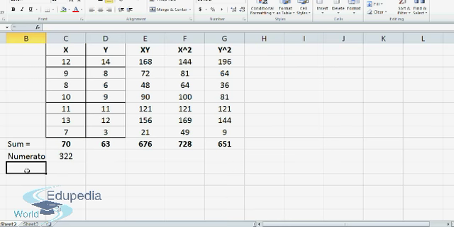And then the denominator, we have two denominators, one is for x, and the next is denominator for y.